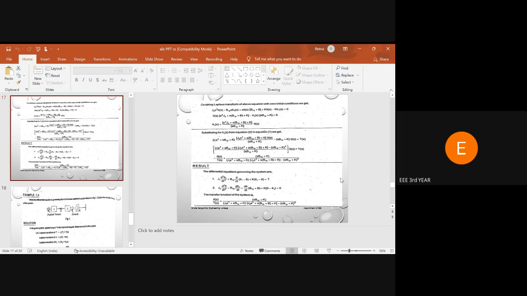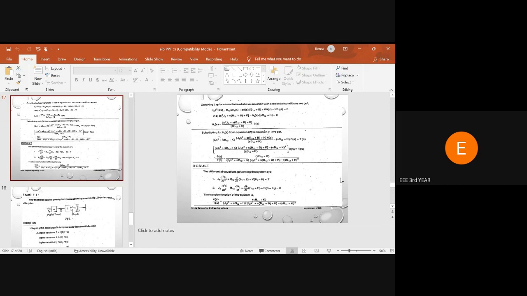Substituting theta 1 of s from equation number 2 in equation number 1, we get (J1 s square plus s into B12 plus K) into (J2 s square plus s into (B12 plus B) plus K) into theta of s divided by (s B12 plus K) minus (s into B12 plus K) into theta of s equal to T of s.